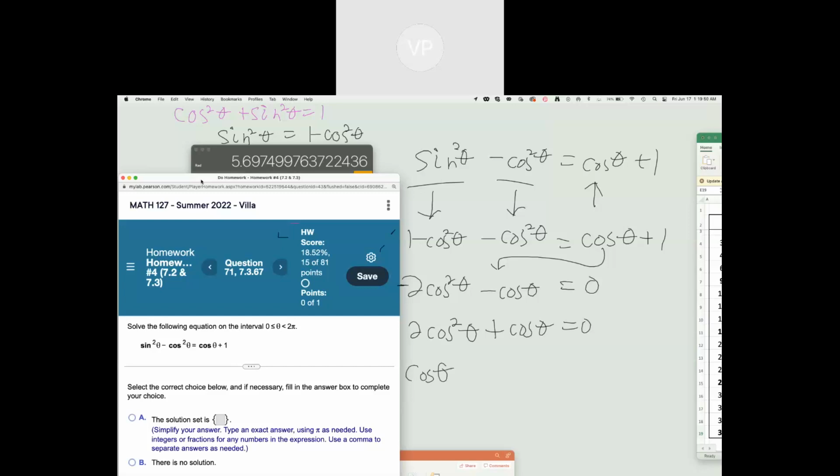So now, how do we do this? Remember the rule. As soon as you get it equal to 0, your job is to factor. Well, the first step of factoring is, is there a greatest common factor? Yes, there is. Cosine theta. Pull out the cosine theta. We're left with a 2 cosine plus 1. So now you set each factor equal to 0.